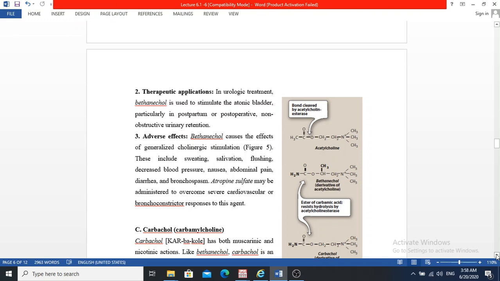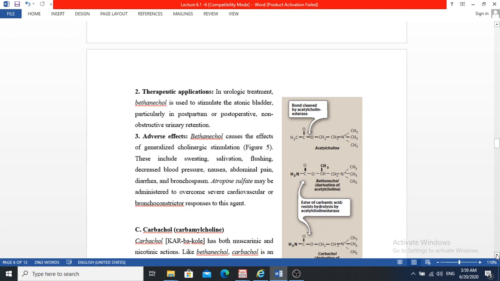As for the clinical application in urology, bethanechol is used to stimulate the atonic bladder, particularly in postpartum or post-operative non-obstructive urinary retention. The adverse effects look like those of acetylcholine.